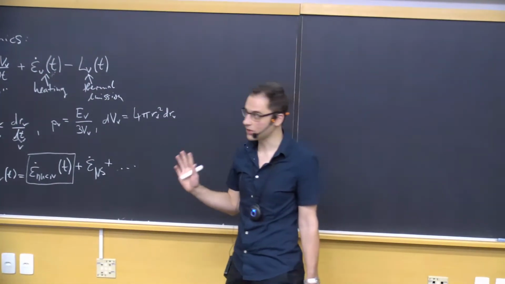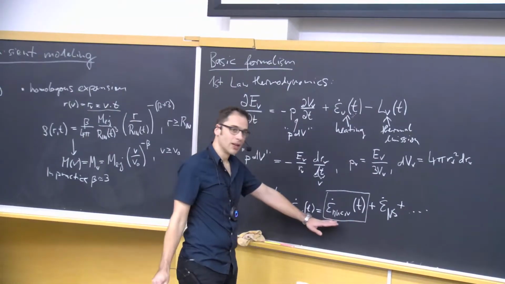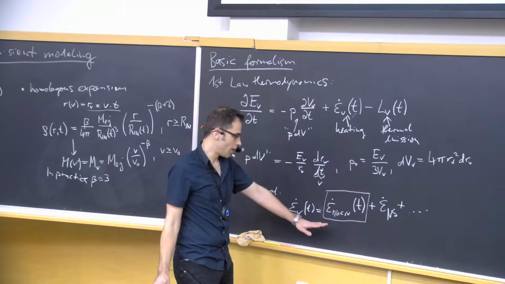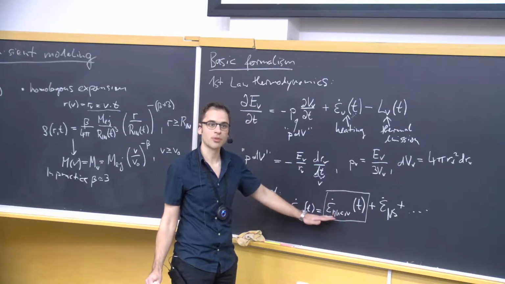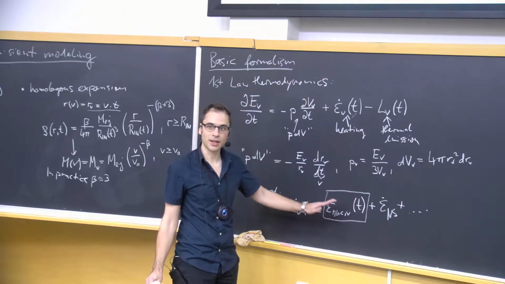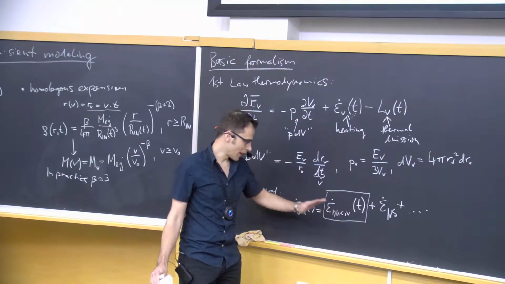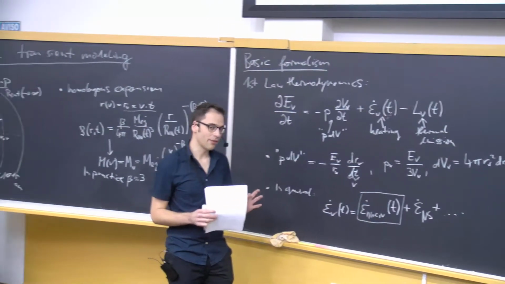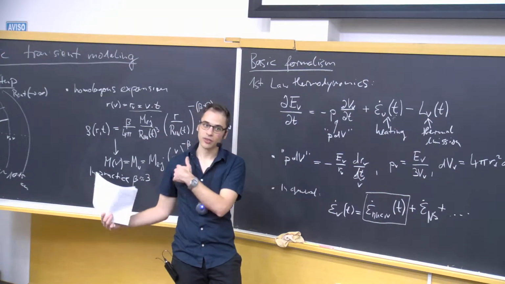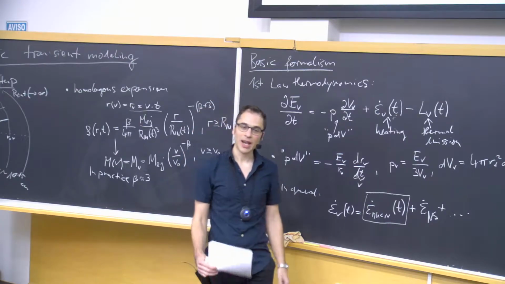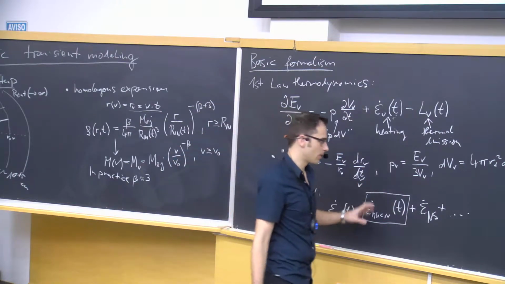For kilonovae, this nuclear heating term comes from the radioactive decay of very heavy neutron-rich nuclei that have been produced in the so-called r-process, the rapid neutron capture process that I'll talk about in more detail this afternoon. In the r-process, neutron captures onto seed nuclei form very heavy neutron-rich isotopes that are unstable, and they have to radioactively decay into stable isotopes. In doing so, they release nuclear binding energy, and that is exactly what provides the heat here.